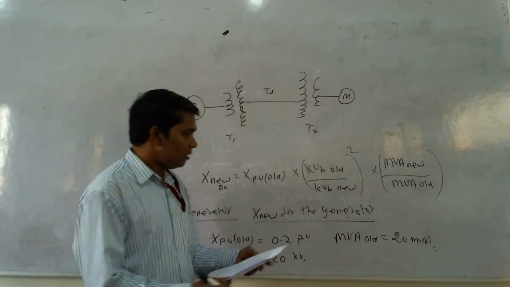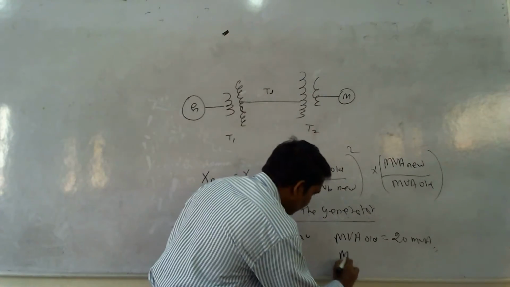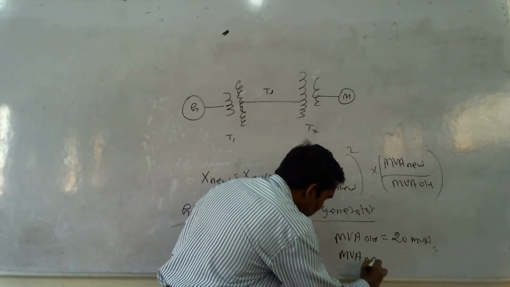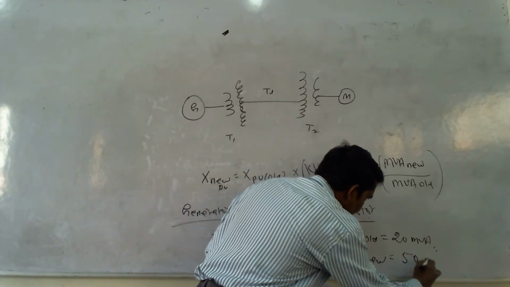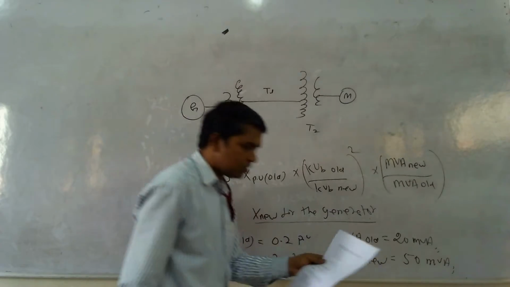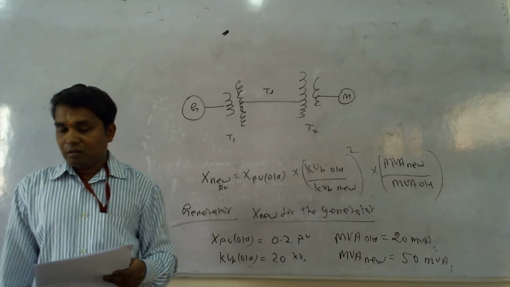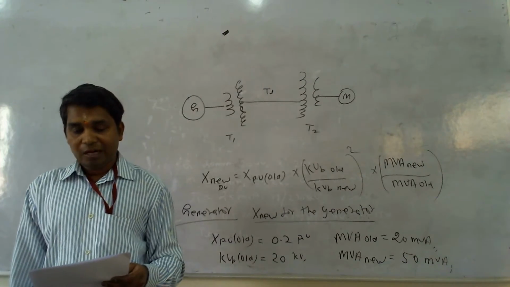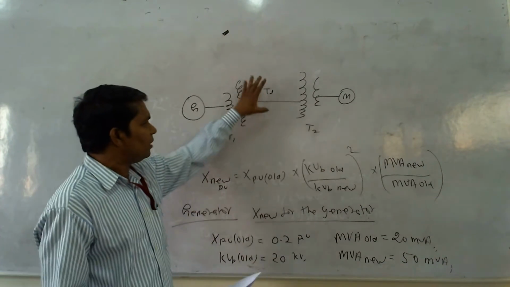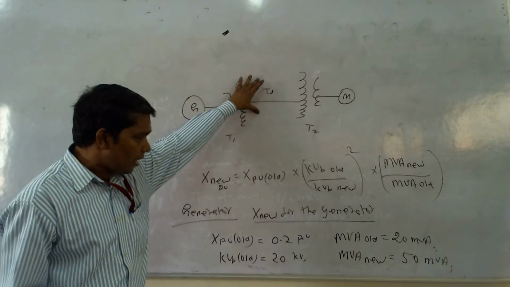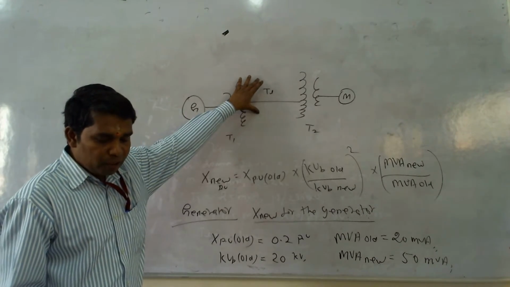So we take megavolt ampere new as 50 megavolt ampere, right? This information is given. Then also given, take 230 kilovolt in the 30 ohm lines. The 30 ohm line means your transmission line. In the transmission line we have 230 kilovolt.